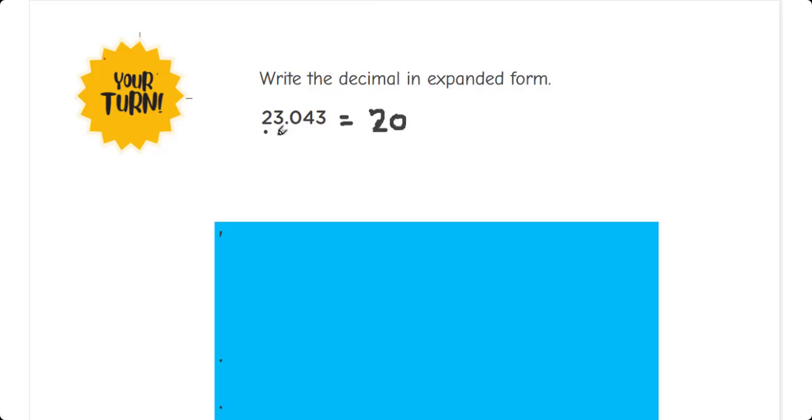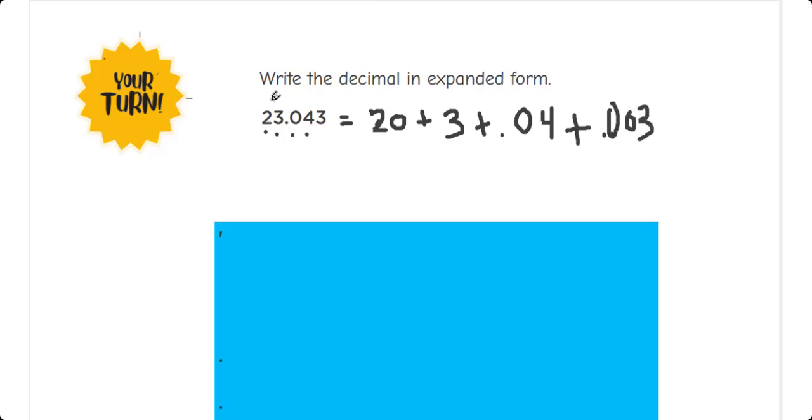Its value is 20. 3 is in the ones place. The value of that 3 is 3. We're going to add nothing in the tenths place because there's a 0 there. We're going directly to the hundredths place, and that's a 4. 4 hundredths plus 3 thousandths.